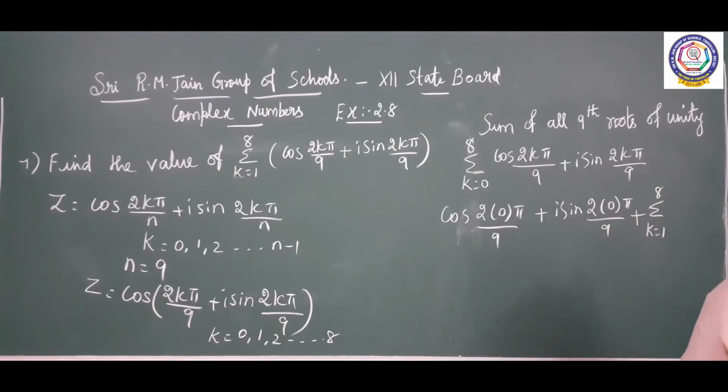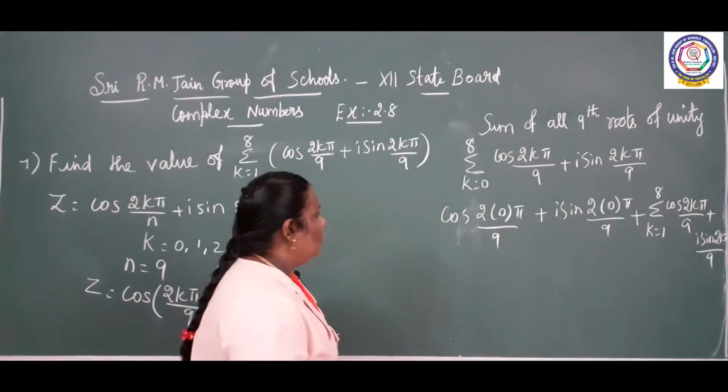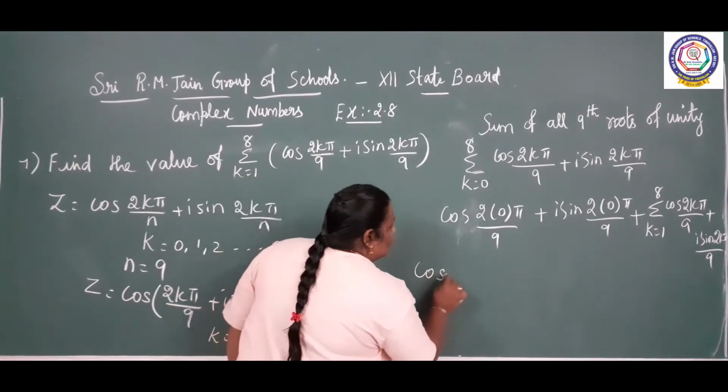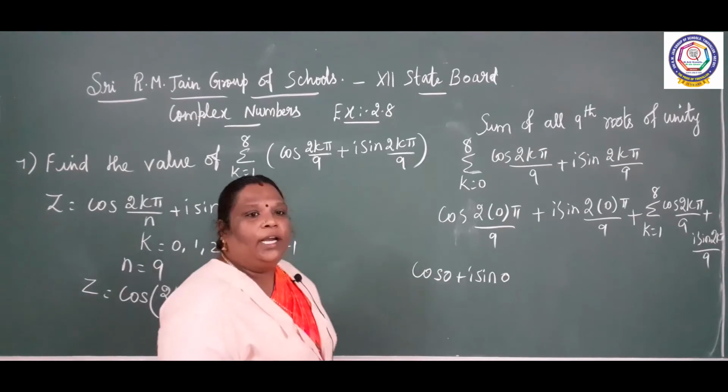Sigma 1 to 8 cos of 2k pi by 9 plus i sin of 2k pi by 9. See here, what is the value of cos 0 plus i sin 0? 0 into any number is 0.